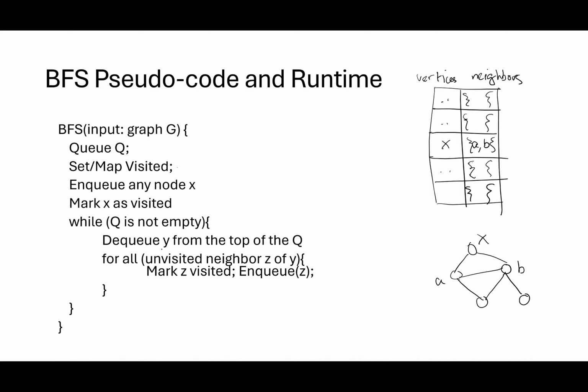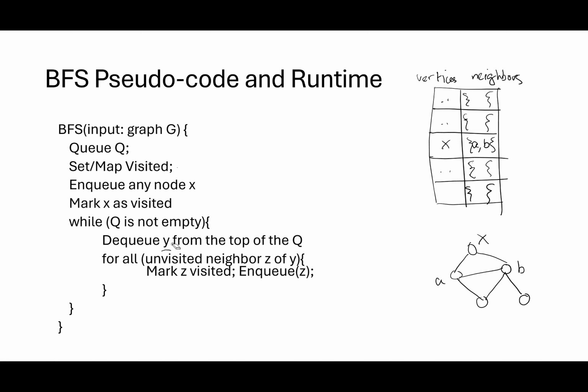When we are dequeuing Y from the queue, we're looking for all the neighbors of Y, which we call Z, and then we enqueue them and mark them visited.